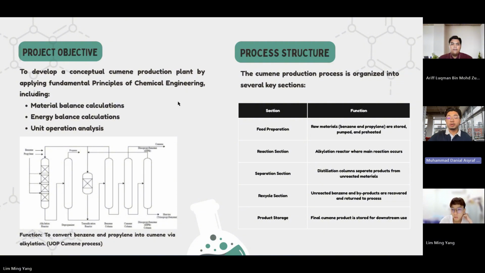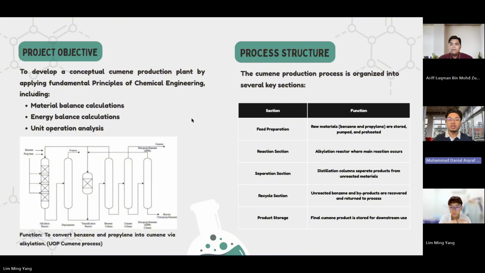The cumene production process can be divided into several main sections. The first section is feed preparation. In this stage, the raw materials, which are benzene and propylene, are stored, pumped, and also preheated before entering the reactor. The second section is the reaction section. Here, the main chemical reaction takes place inside the reactor where benzene reacts with propylene to produce cumene. The third section is the separation section.